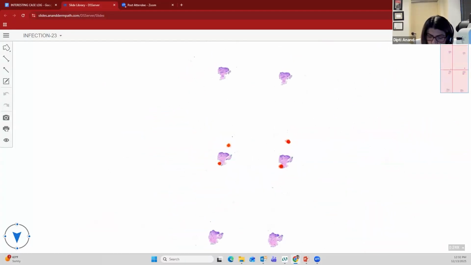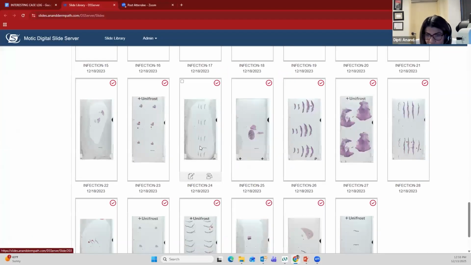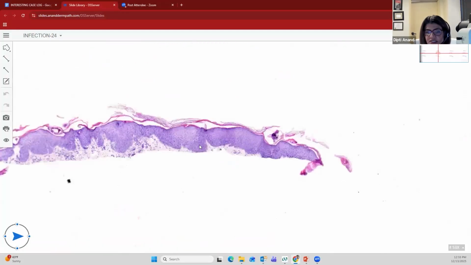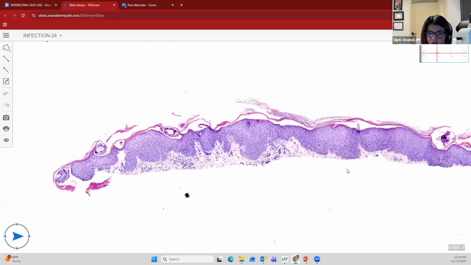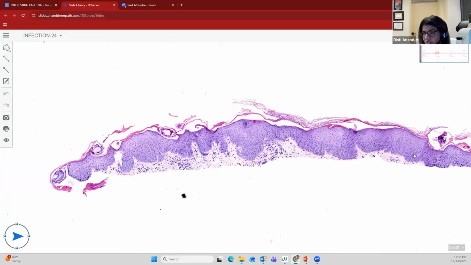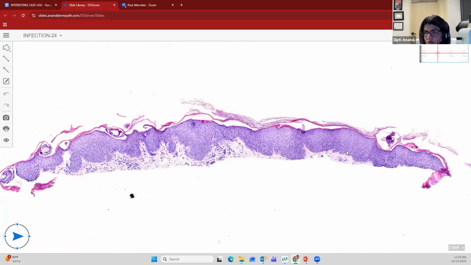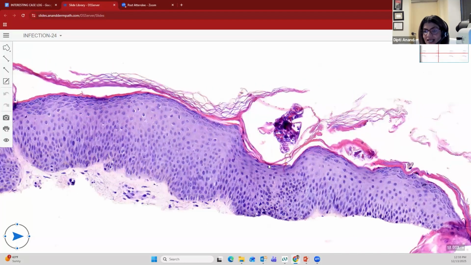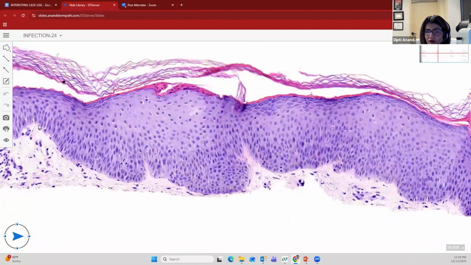Okay, so let me show you more. Sometimes you may not get the entire perfect organism. You just get portions of it. This is a nice example of Norwegian scabies where you see multiple scabies mites in one section. It's kind of disgusting to look at, but again, this entity, Norwegian scabies, is also a great masquerader.